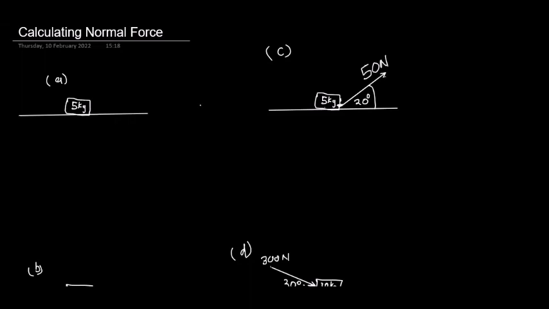The first thing we need to know is that the sum of all the forces that are perpendicular to the surface add up to 0 when the object is sitting on a stable surface, because there is no movement of the object either up or down.